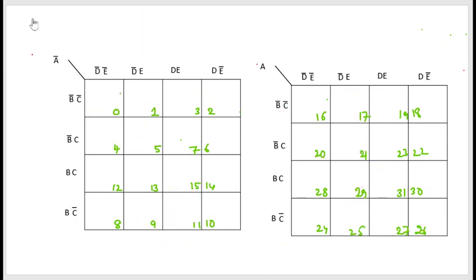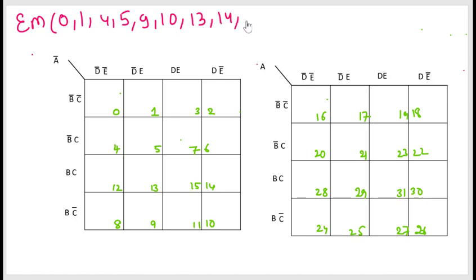Let's take one more example. Sigma m 0, 1, 4, 5, 9, 10, 13, 14, 16, 17, 20, 21, 25, 26, 29 and 30.